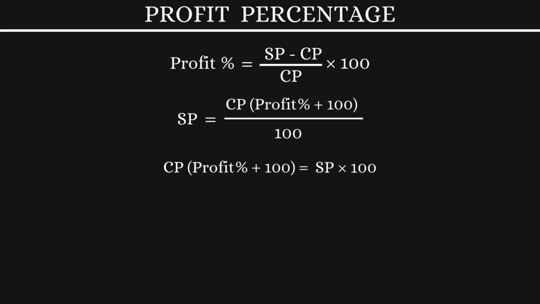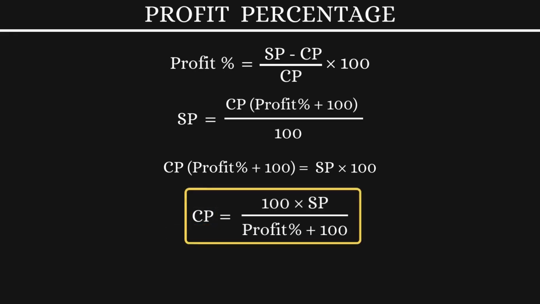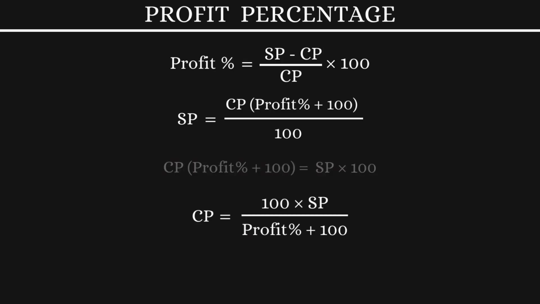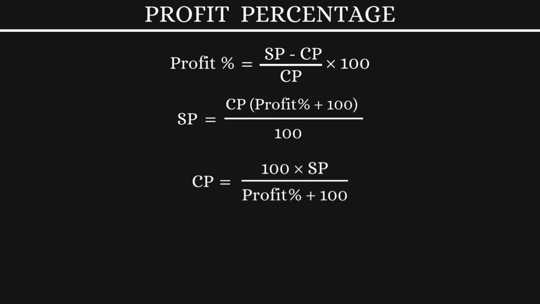Since we need only the cost price, what we have is cost price is equal to 100 into selling price divided by profit percentage plus 100. Using these formulas, we can solve different types of questions.